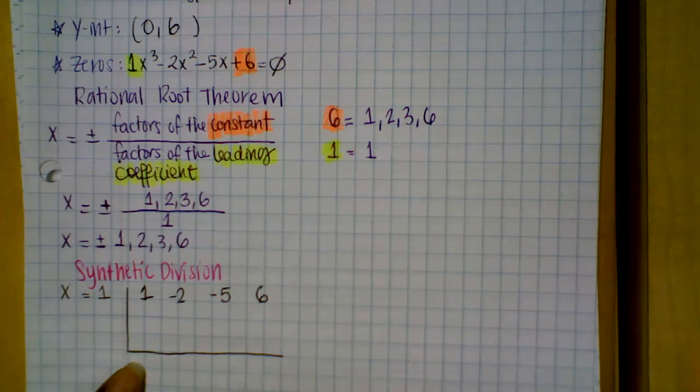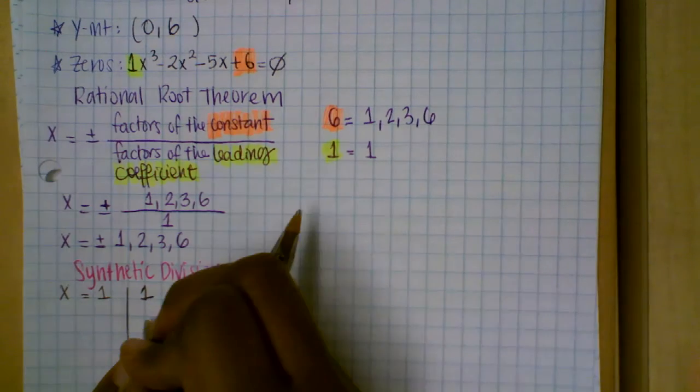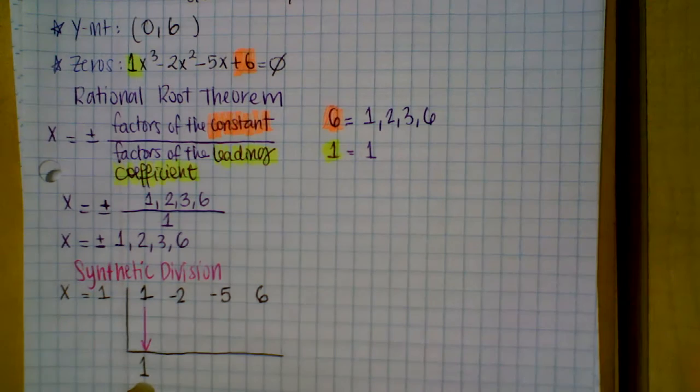Now to do the synthetic division, you bring down the first leading coefficient, which is 1.